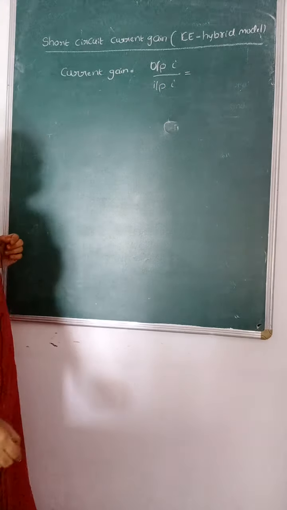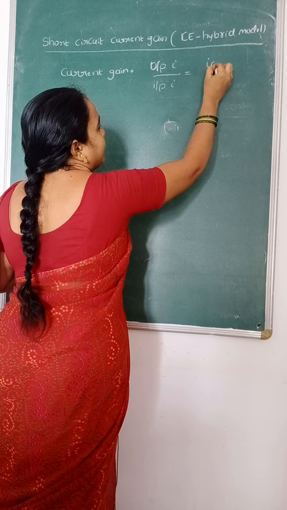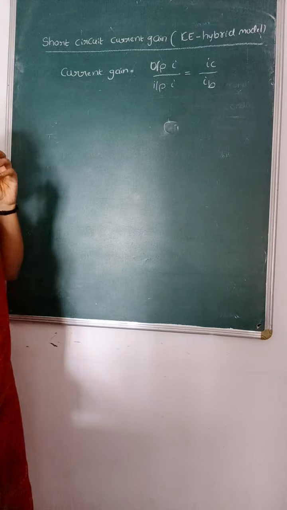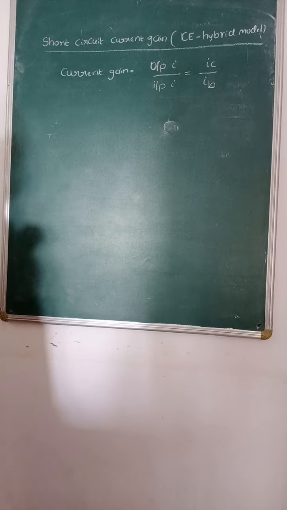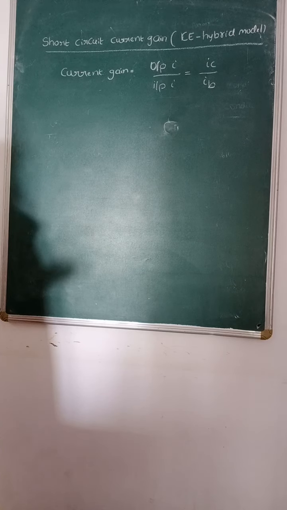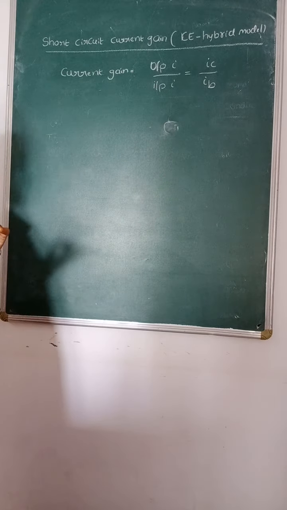In common emitter configuration, the output current is the collector current and the input current is the base current. To calculate this short circuit current gain, let us consider the hybrid model such that the output circuit is short circuited.